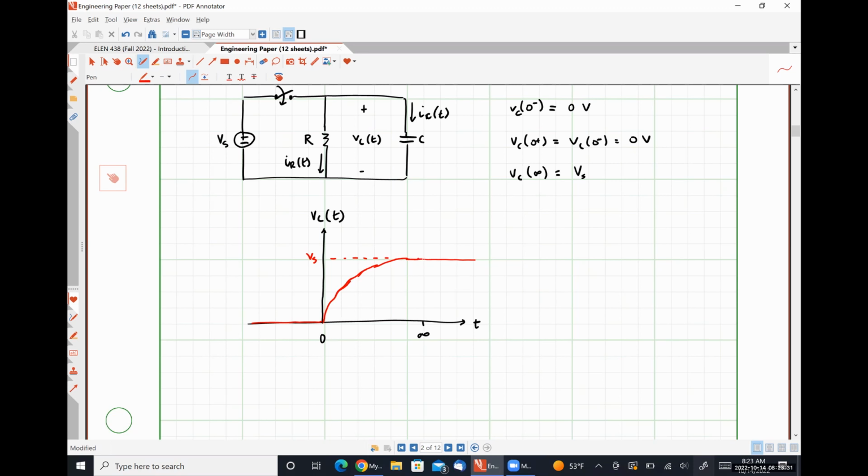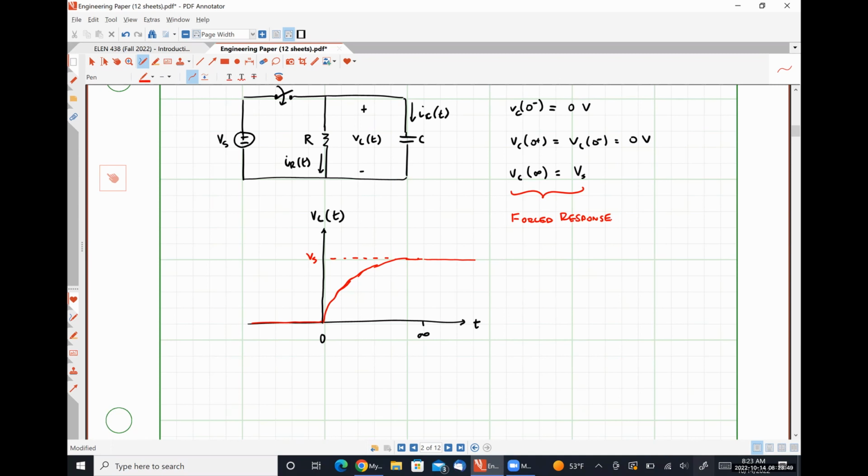Okay. This quantity VC at infinity is what's called the forced response of the system.